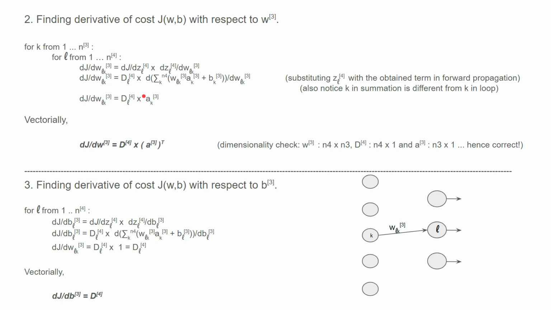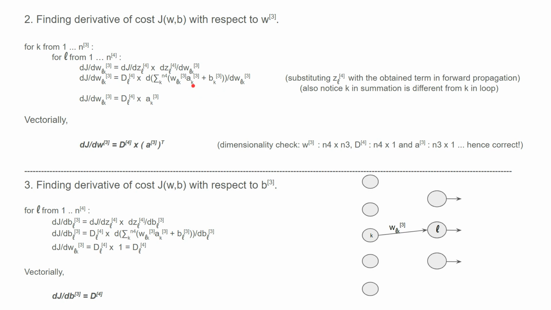Now how did only ak3 come? See my friends, when we differentiate this summation, all the bk3 will be 0 because it is constant. For a particular LK, when we differentiate this WLK, we will get only that LK which matches the variables K and L for the loop.